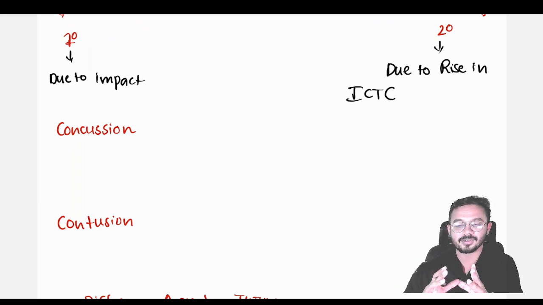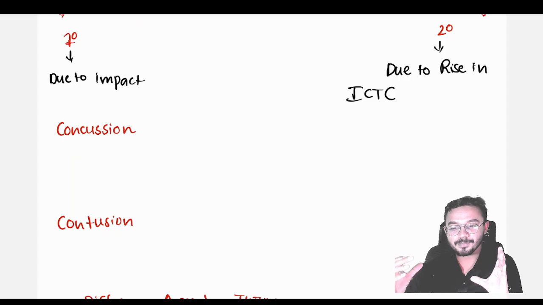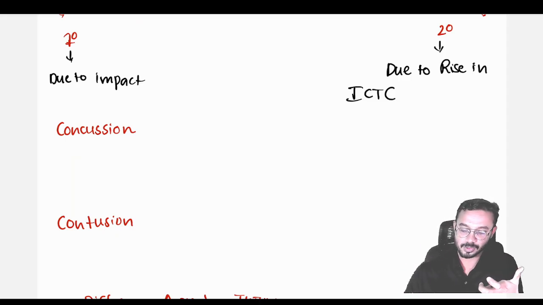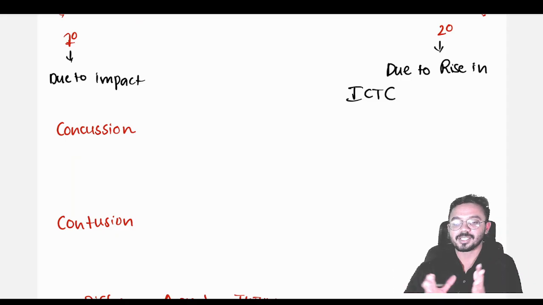For 10 seconds he went unconscious, and again he woke up, and he's playing football again, nothing has happened. What is happening is there is violent jerking, violent shaking of the brain, and that is known as concussion. For some particular period of time he is unconscious, and later he becomes conscious, that is known as concussion.